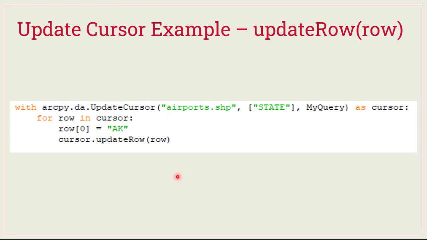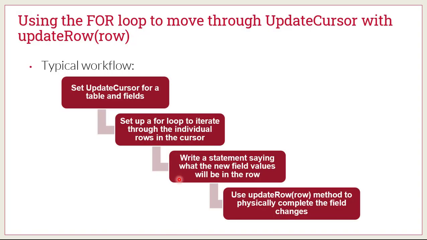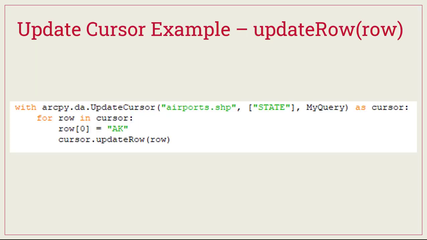Then you're going to write a statement in the for loop saying what will happen to the fields as the cursor iterates through each row in your data set. And then finally, you're going to use the updateRow to physically complete the field updates and changes. And it's this final step that does the actual data updating and editing.